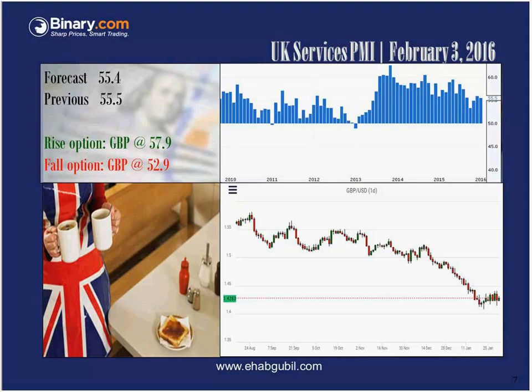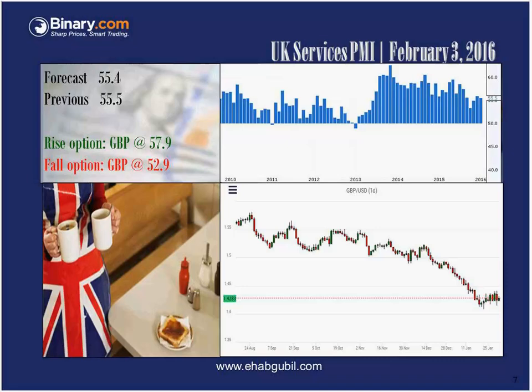We should see plenty of market reactions if there is a surprise. It's forecasted at 55.4. Previous release was almost the same, 55.5.